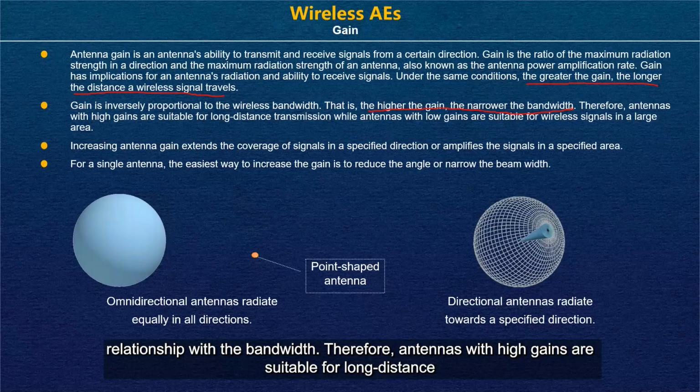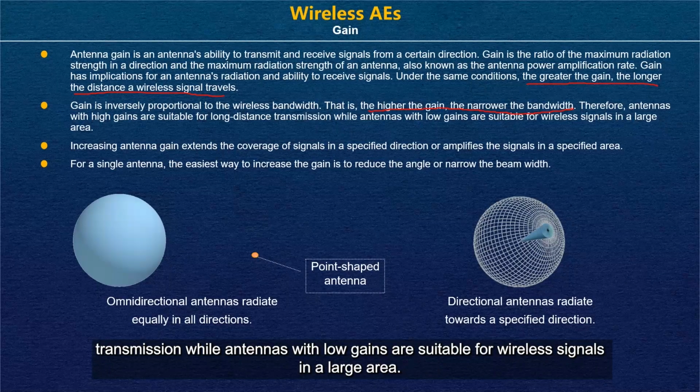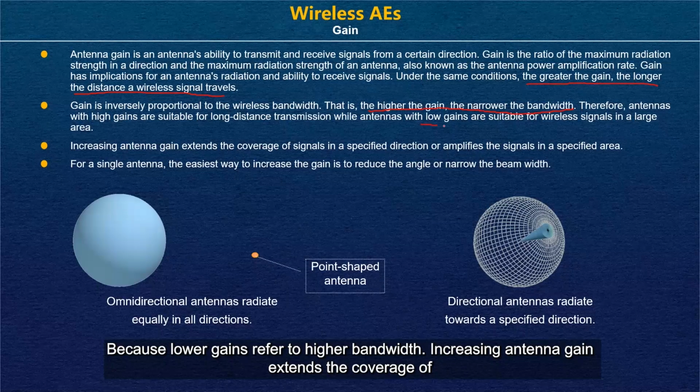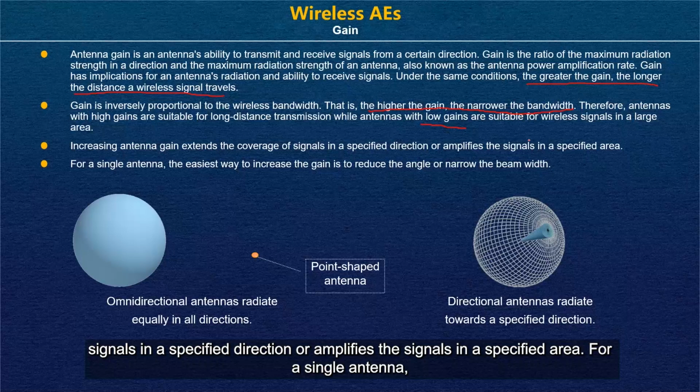Therefore, antennas with high gains are suitable for long distance transmission, while antennas with low gains are suitable for wireless signals in a large area, because lower gain represents higher bandwidth. Increasing antenna gain extends the coverage of signals in a specified direction or amplifies the signals in a specified area.